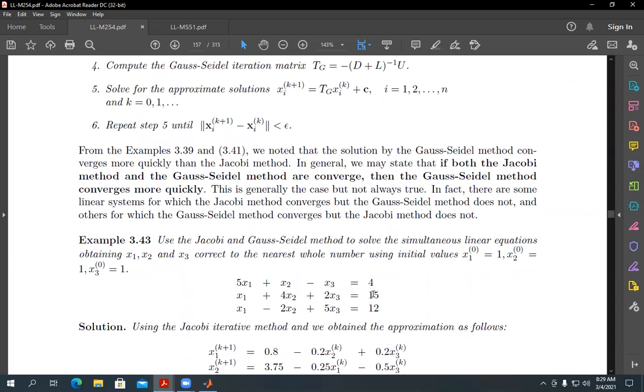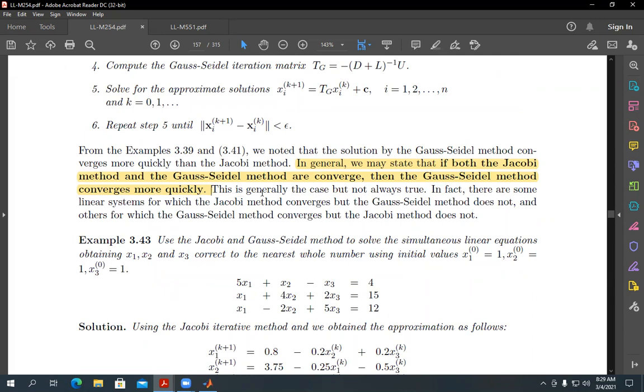I give many examples here. This is the note you have to remember, which I mentioned here. I say in the general case, meaning about 99.99 percent of cases, if both the Jacobi and the Gauss-Seidel methods converge for the given system, then the Seidel method converges more quickly.